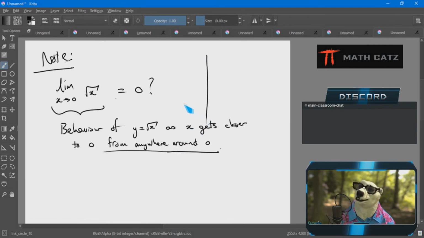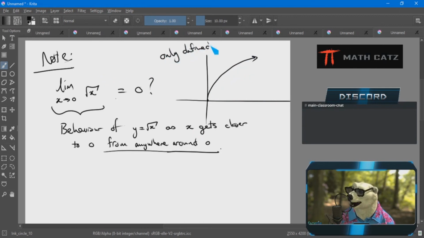But this function and its graph isn't defined anywhere. It's only defined on x greater than or equal to 0. So in this special case, it's very special, it's very specific, where I am interested in what happens at 0, I want to be coming towards 0 from anywhere and ask, how does the graph behave?